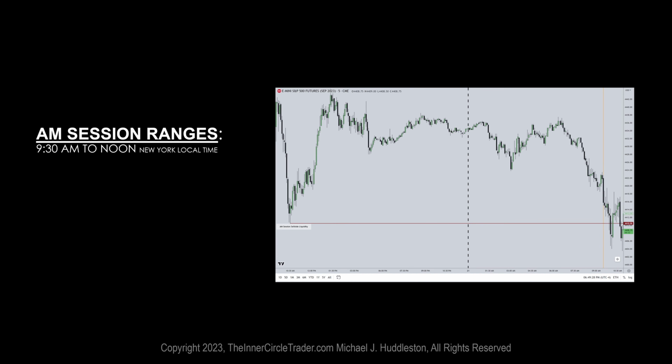The AM session ranges from 9:30 in the morning to noon. So right away, we are considering this in the afternoon, so we can always refer to it in the same trading day. So we could be anticipating a market reversal profile, something to that effect.